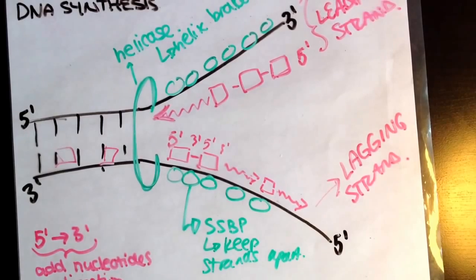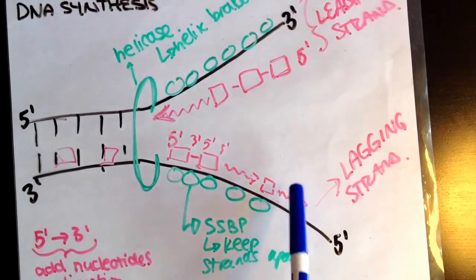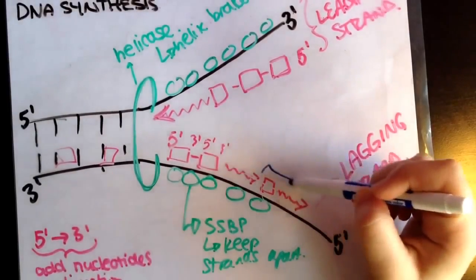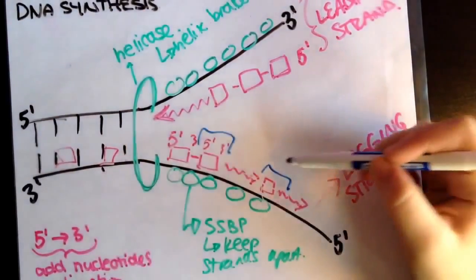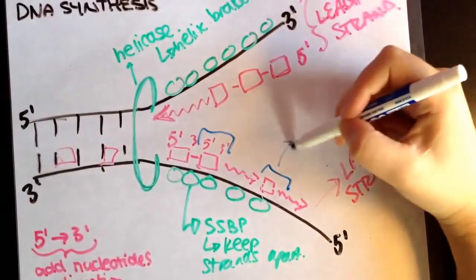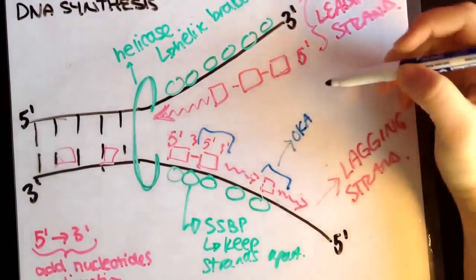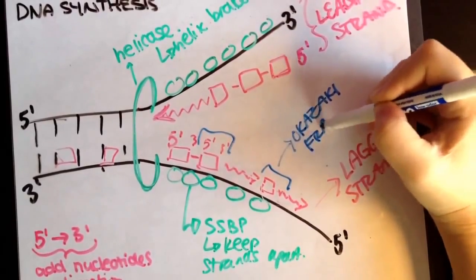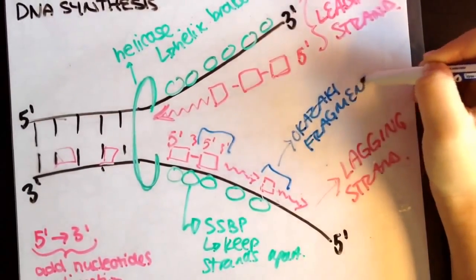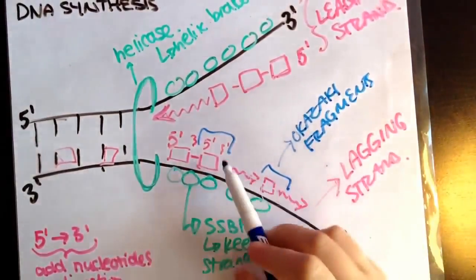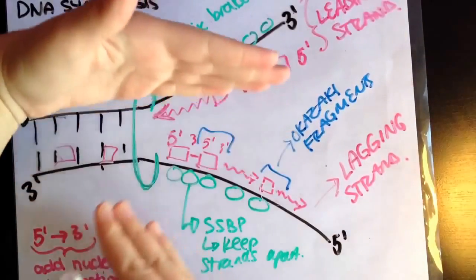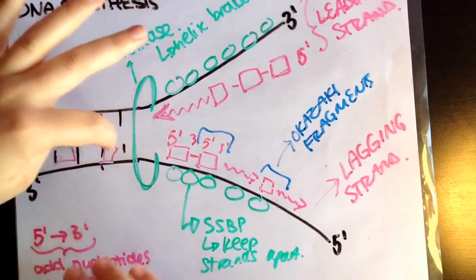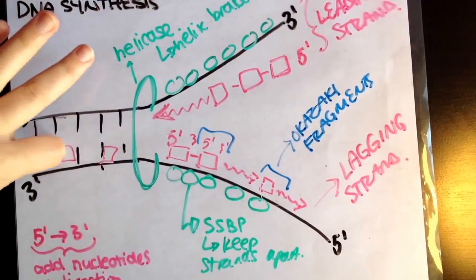Just to further clarify, since these are going to be little segments and then we're going to have gaps in between, these little segments of DNA are called Okazaki fragments. Okay, so those are just the fragments of DNA, because as this DNA is opening up, I have to add more sequences and add more sequences and add more sequences.